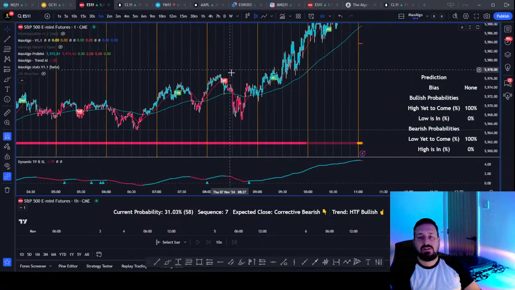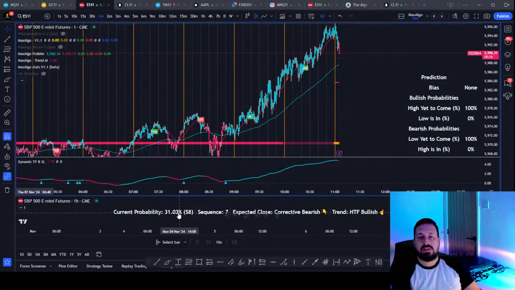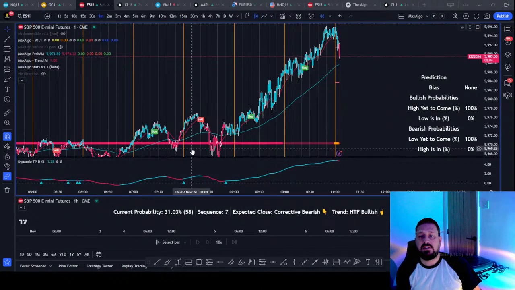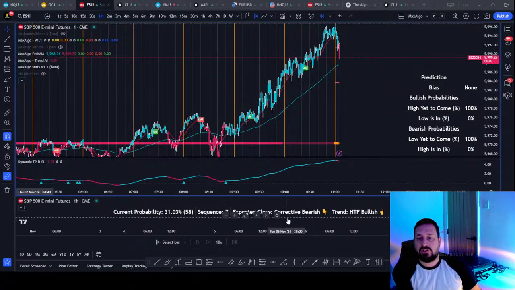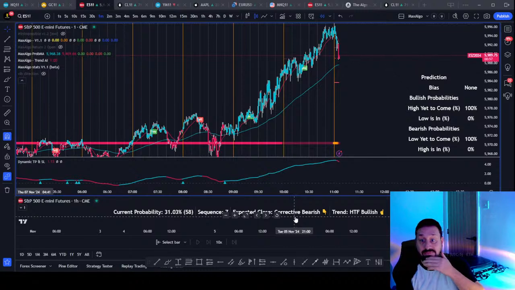But it's just telling you that basically we are corrective bearish in the higher time frame. And what it's done is it's gone back on the hourly chart and found every other hourly candle that matched this sequence and said, okay, of the 58, how many closed bearish? Only 30, obviously 31% of them closed bearish. So the sequence number is just how many times you've seen of that prediction type. So if you're on an hour, 7 hours, a day, 7 days, etc.